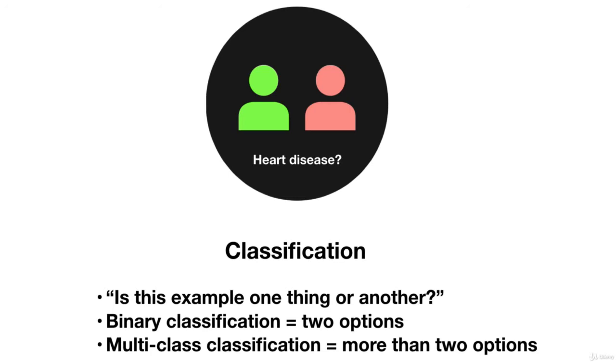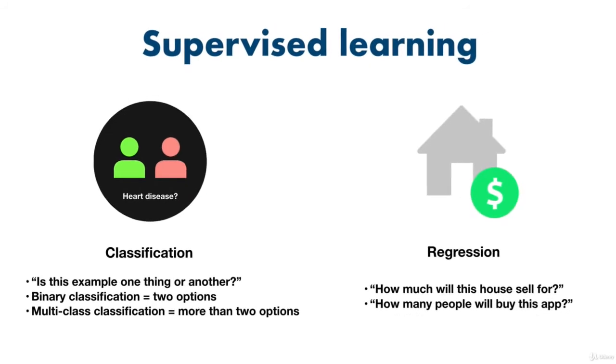If there are more than two options, it's called multi-class classification. So trying to predict heart disease or not heart disease would be binary classification because there's only two classes, heart disease or not heart disease. And trying to predict different dog breeds based on photos in images would be multi-class classification because there are many different kinds of dog breeds.